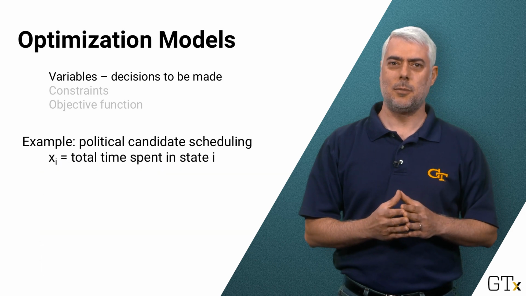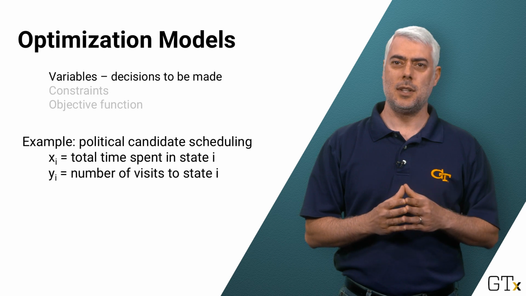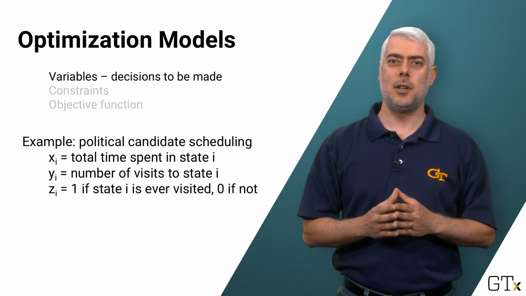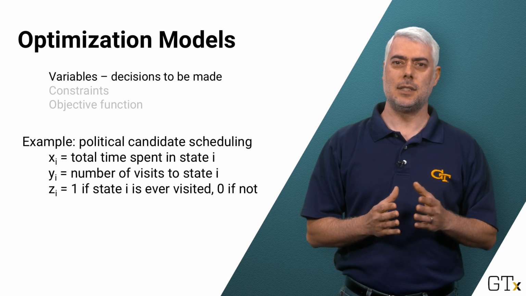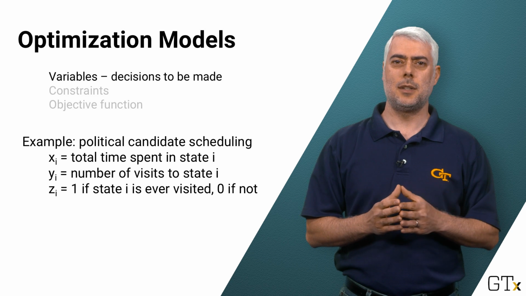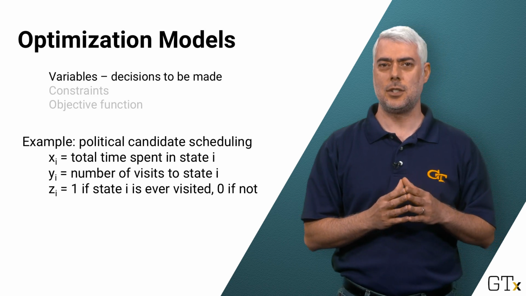Xi might be the total amount of time the candidate spends in state i, Yi might be the number of visits the candidate makes to state i, and Zi might be 1 if the candidate ever visits state i and 0 otherwise. We might also want to make more specific decisions, like which days the candidate visits each state.